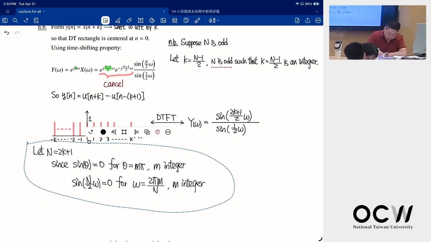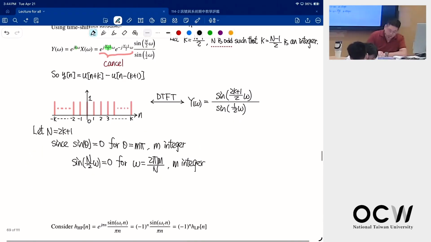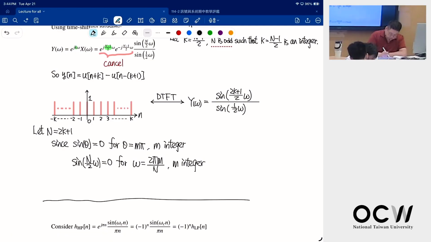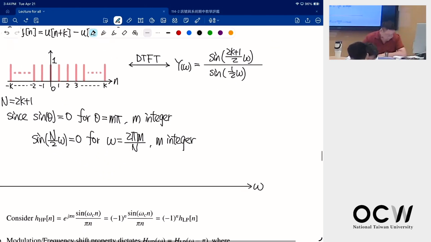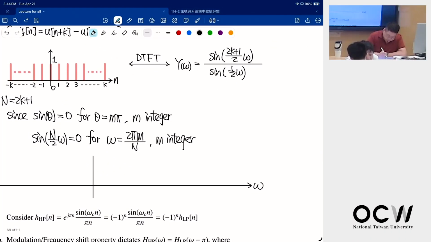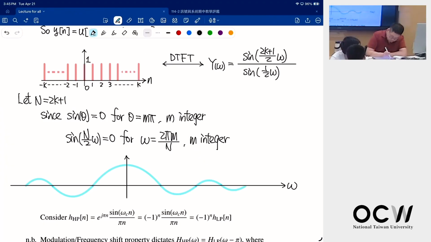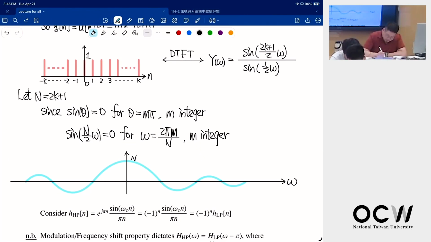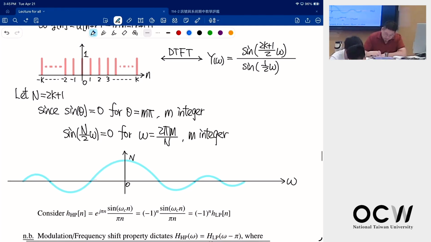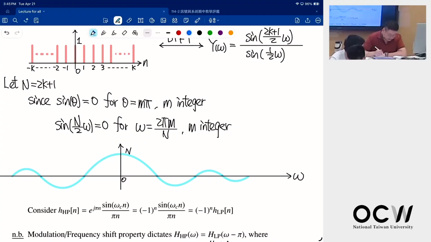Now let's plot the Fourier transform. Okay, so for the Fourier transform, the peak is n. And now the first time when omega is 0, that's m equals 1. So here we have 2 pi over n.